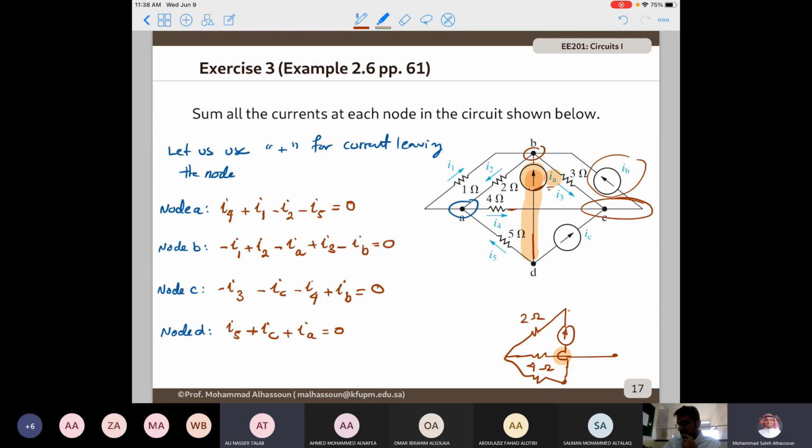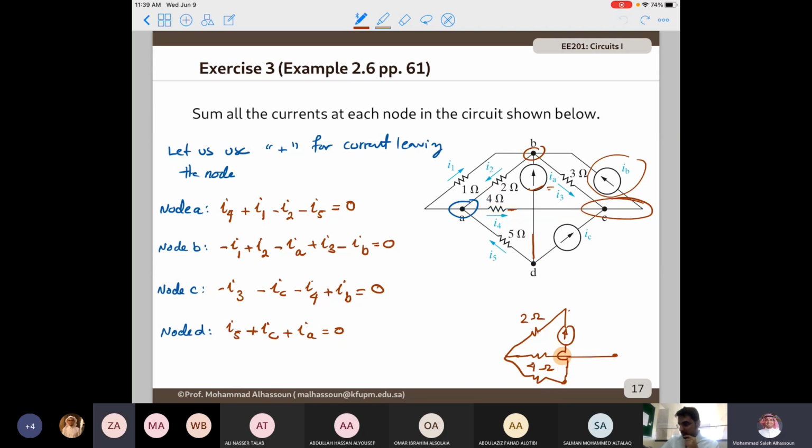Oh, okay. So what about I4? I4 is connected here. It's going this way. But it didn't enter node D? No, it doesn't. There's no connection here. Okay. Thank you. It's clear now.